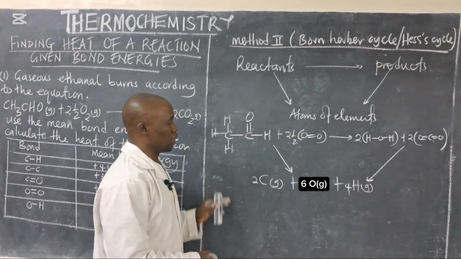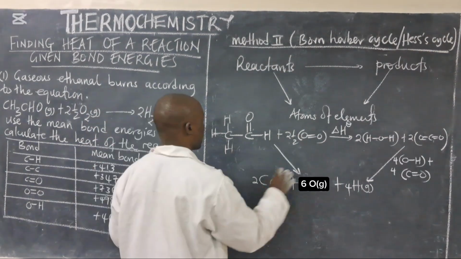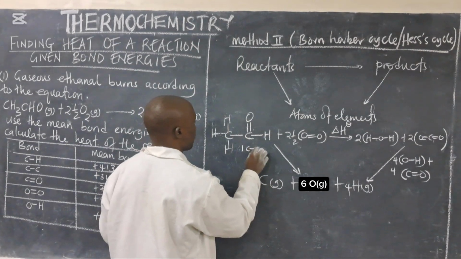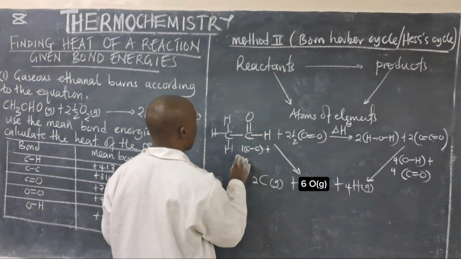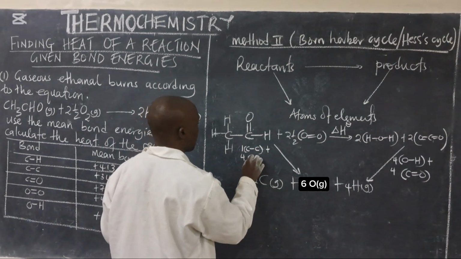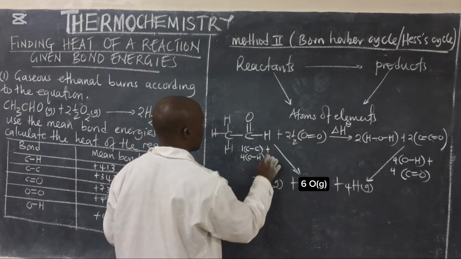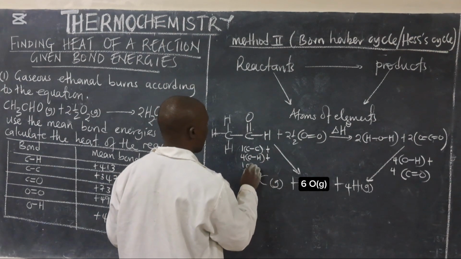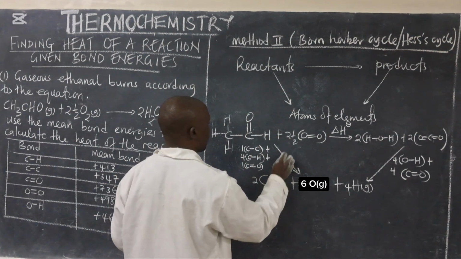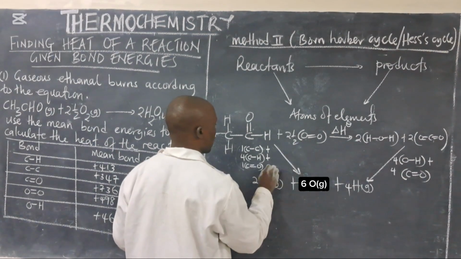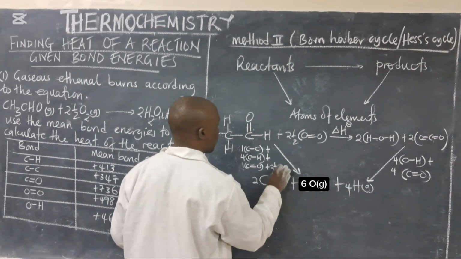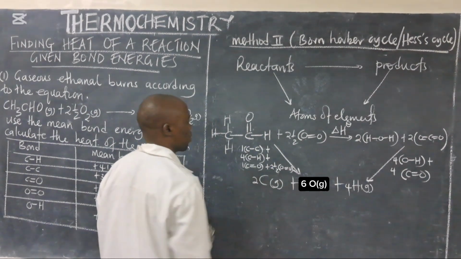So let's check the bonds that are present. I have one CC bond plus 4 CH bonds plus one CO bond. Then I'm also including plus 2.5 of this bond here.